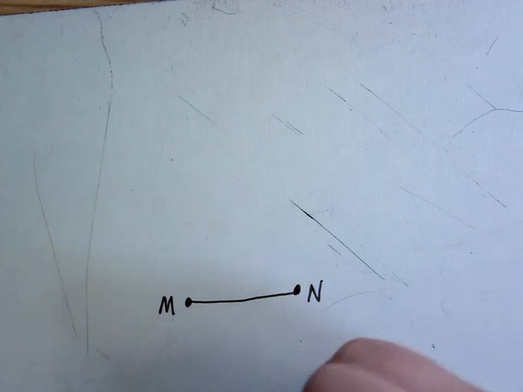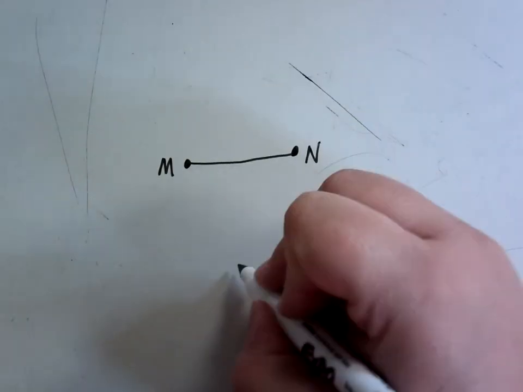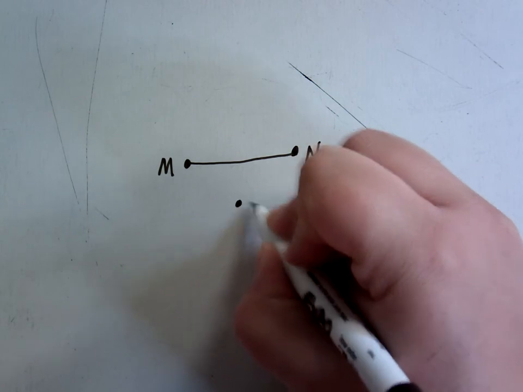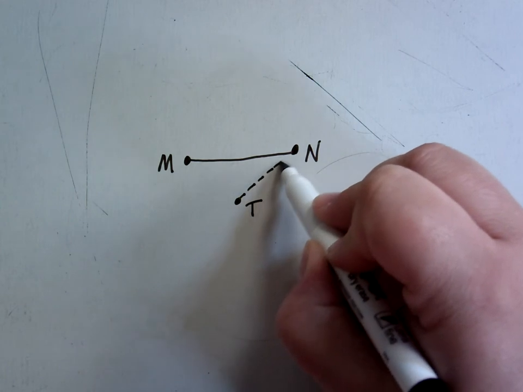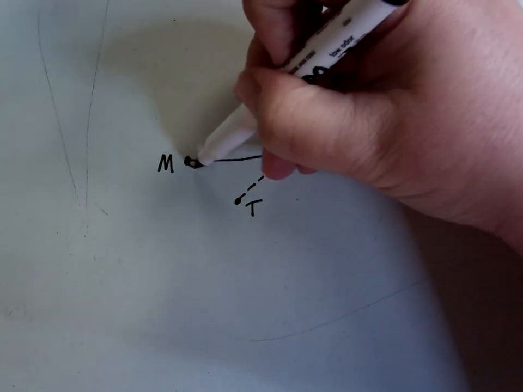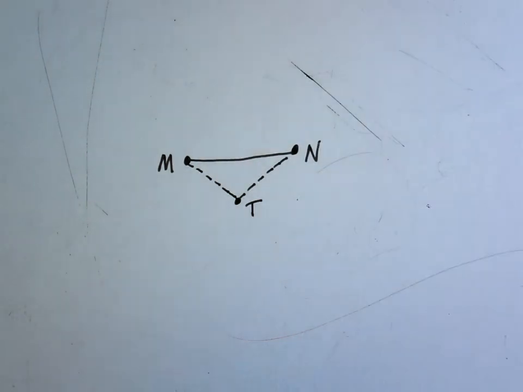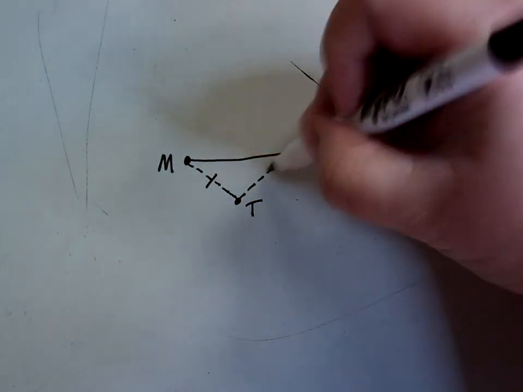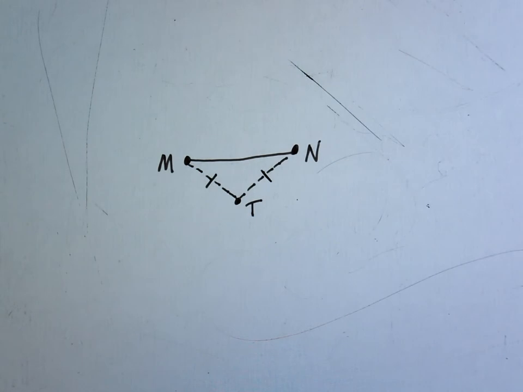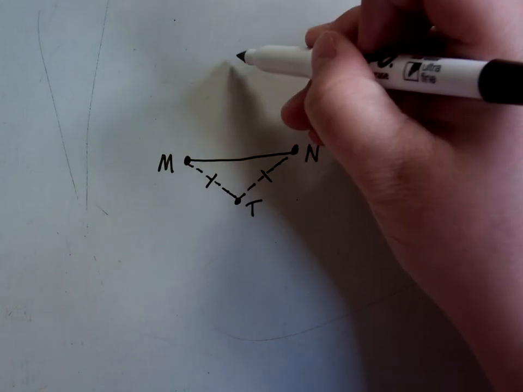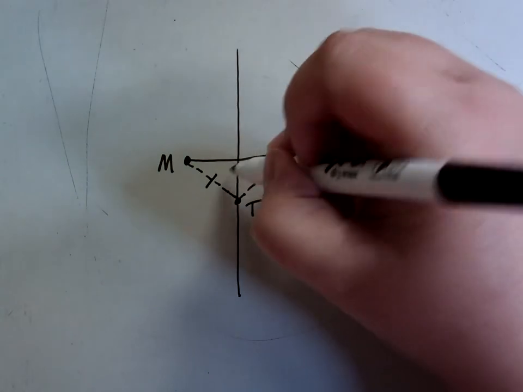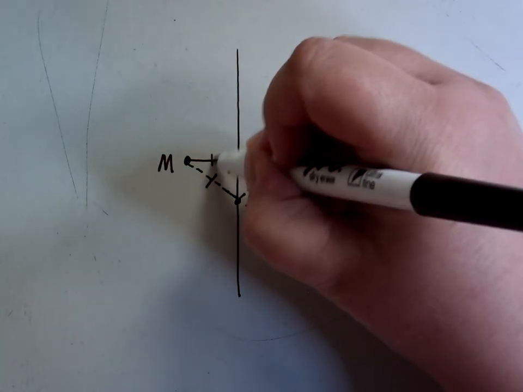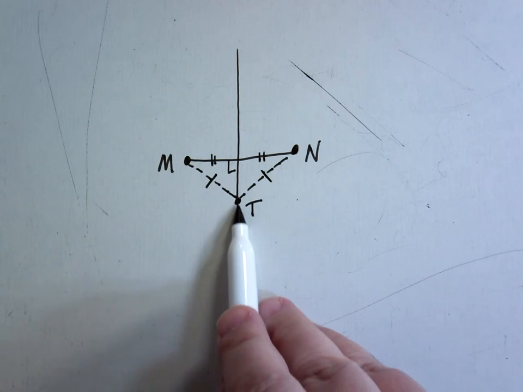And then I have a point, and I'm going to call it point T. If I know that point T is the same distance from M that it is from N, meaning if I know that MT is the same length as NT, then that automatically tells me that T must be on the perpendicular bisector of segment MN. So that means this line, the perpendicular bisector of segment MN, must have T on it.